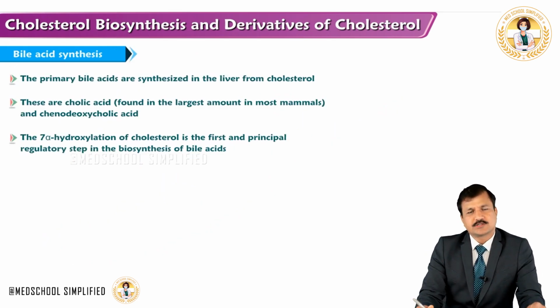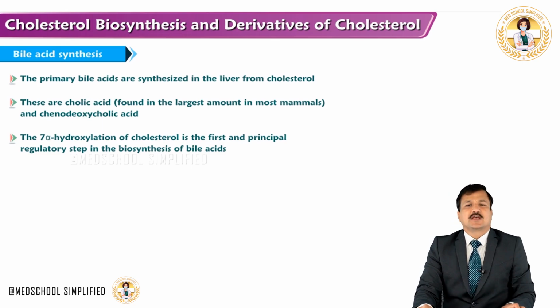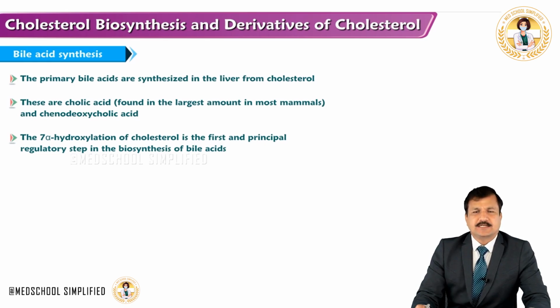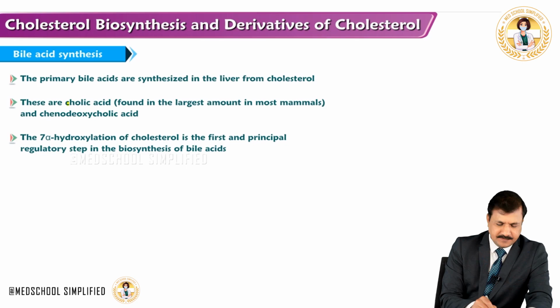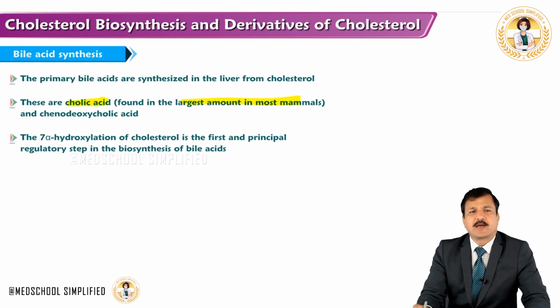Now let's move on to see bile acid synthesis. The primary bile acids are synthesized in the liver from cholesterol. That's one of the major fates of cholesterol made in the liver. A major type of bile acid synthesized in the liver is cholic acid, which is found in the largest amount in most mammals.